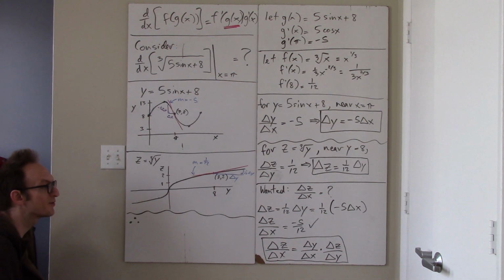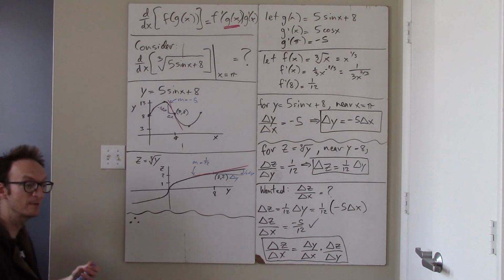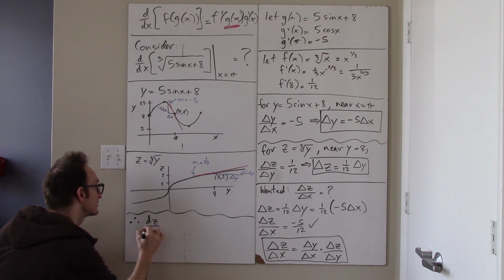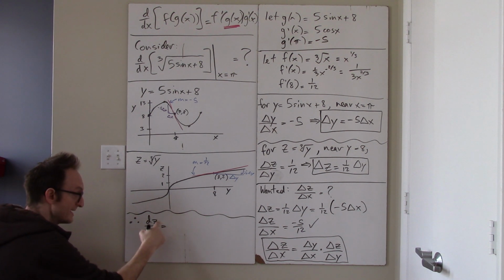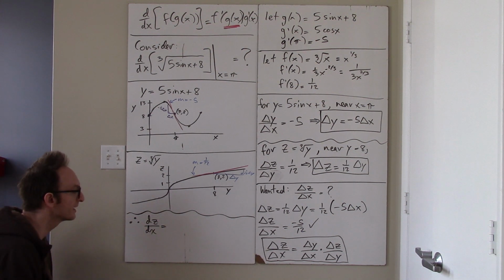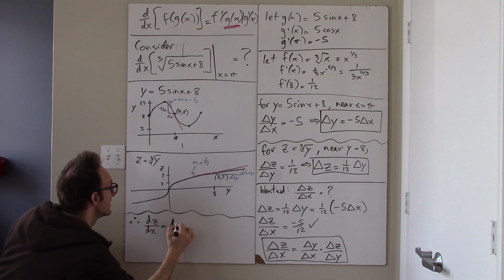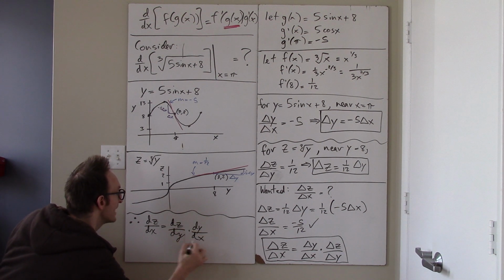You might think of it as dumbed down, but in some ways it's the deepest way of thinking about the chain rule. What it says is that the derivative of z with respect to x is just the derivative of z with respect to y times the derivative of y with respect to x.